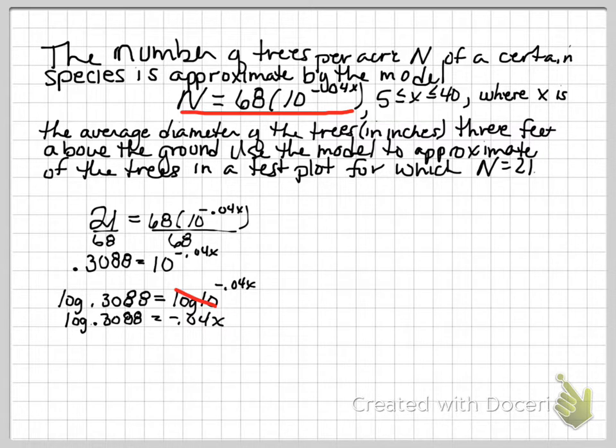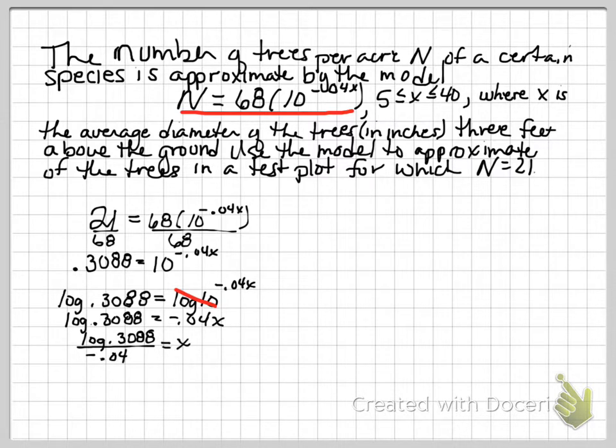Divide. So I now have log of 0.3088 divided by negative 0.04 is equal to x.